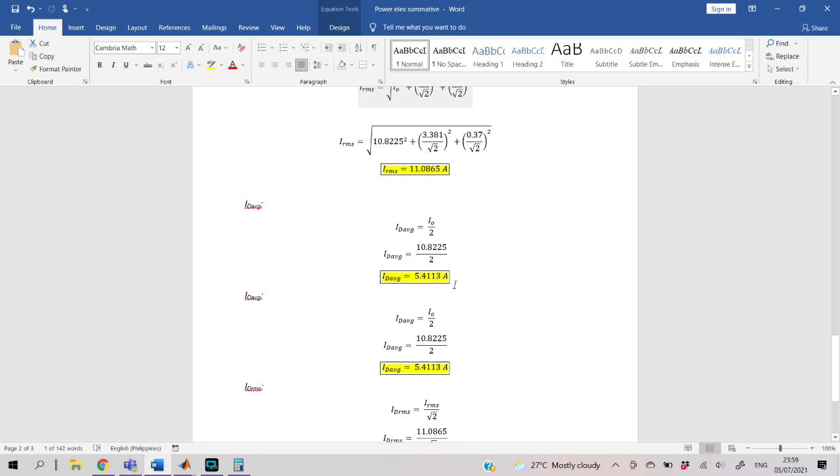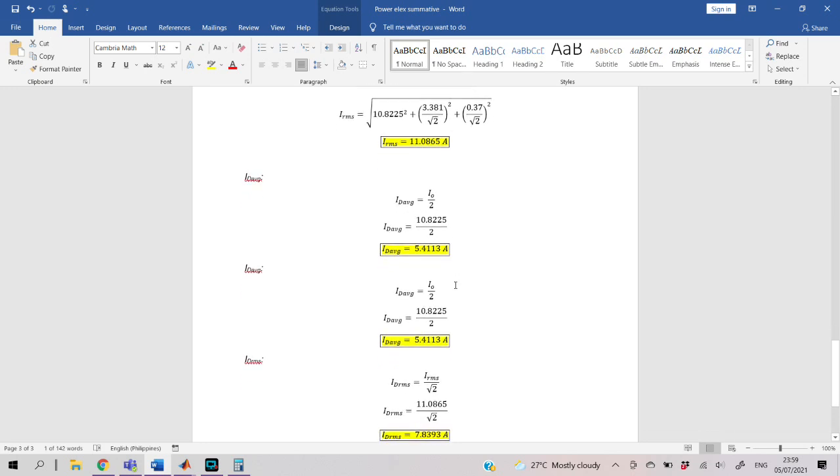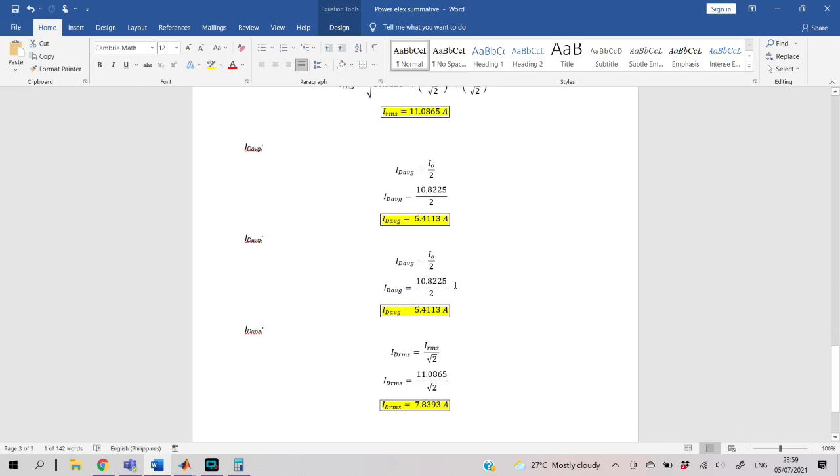Now, to determine the average current for each diode, we divide the average current of the load by 2. So 10.8225 over 2, we obtain 5.4113 amperes.